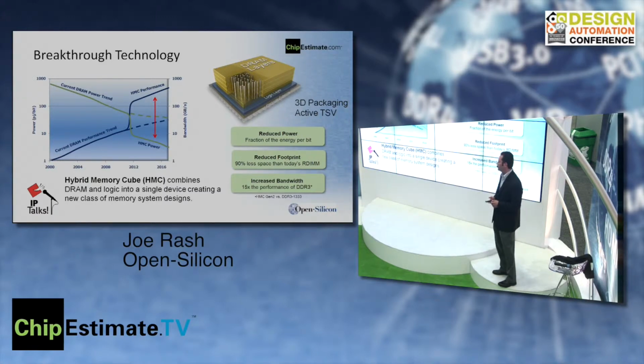If you can envision a 30 by 30 BGA, which is about the size of 2 thumbs on your hand, that has the same bandwidth as 15 memory DIMM modules. So something about 8 by 11 for 15 DIMMs has now been compressed into a 30 by 30 BGA package running at a fraction of the power. And that's what hybrid memory cube technology is.